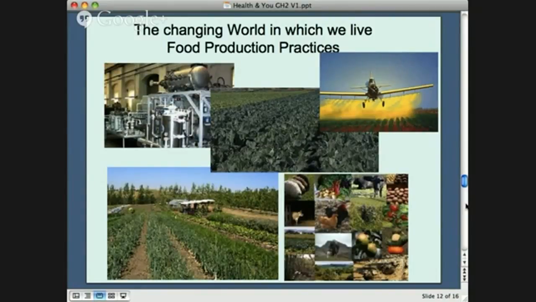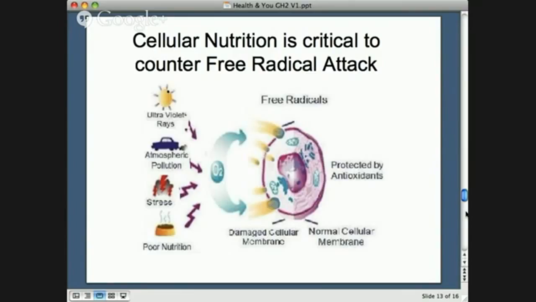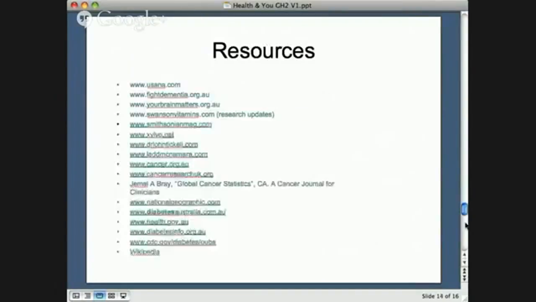We've got gases going onto the products, and no longer do we have the veggie patch down the back. So cellular nutrition is critical to counter free radical attack, because all of these impacts from our current lifestyles impact our cells, and so it's important to have cellular nutrition.